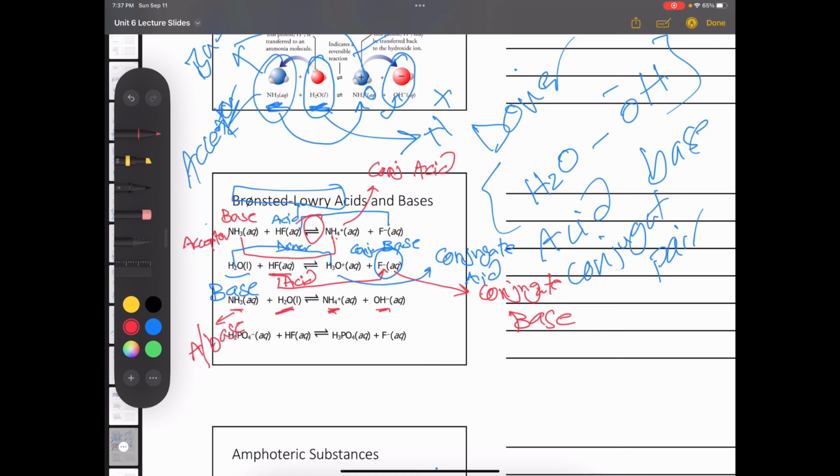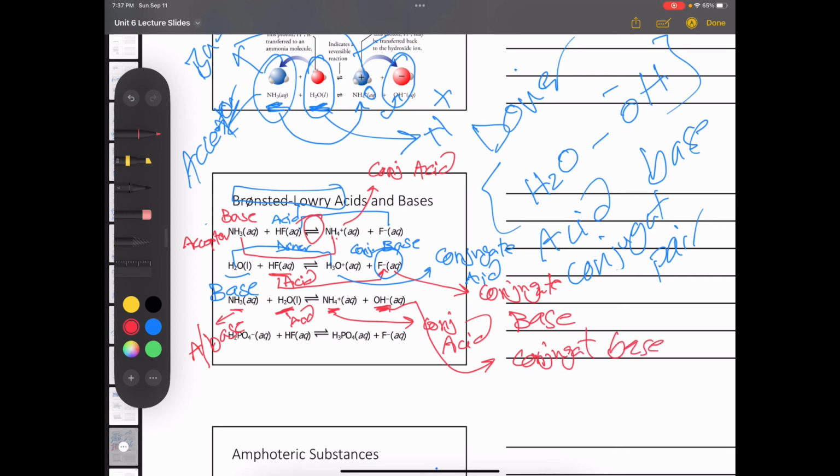That would make the water the acid because it's the donor. The ammonium is now the conjugate acid, and the hydroxide is now the conjugate base. Making some spaghetti lines in here.